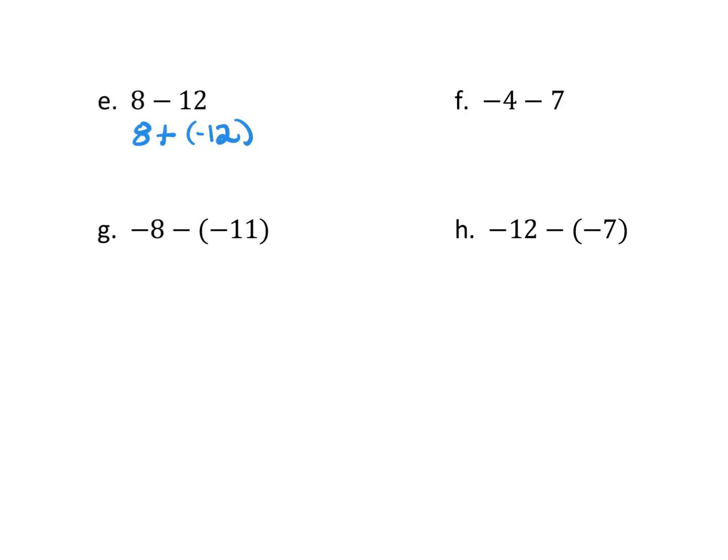Now, whether you choose to write it out like this or not is up to you, but this is ultimately what we all should be thinking. Because we have different signs, we have a positive 8 and we have a negative 12. Different signs we do want to subtract. And if we subtract these, we get 12 minus 8 is 4. And my larger number is negative, so it's going to be negative 4.